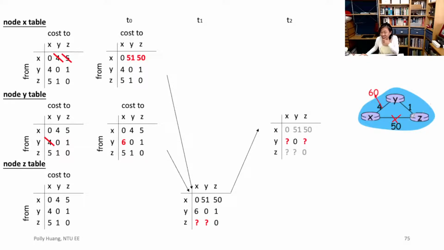Consider a network that has only 3 nodes and only 2 links, one between x and y, and one between y and z. What do you think? Exactly, right? It will count to infinity because this link cost here is infinite.